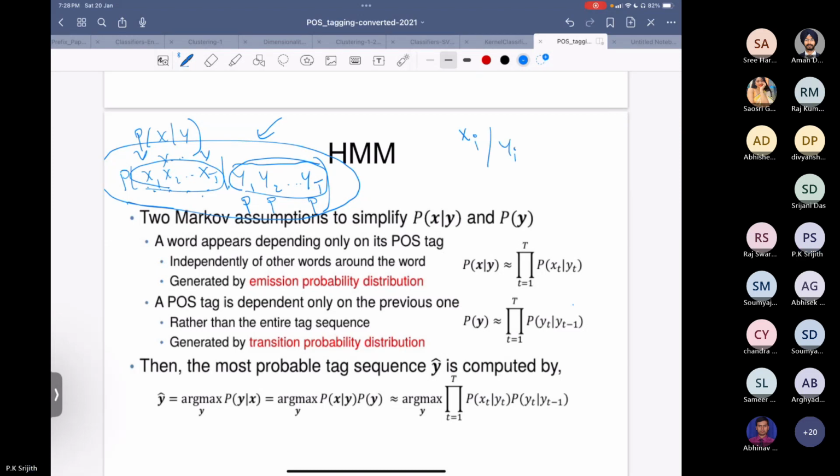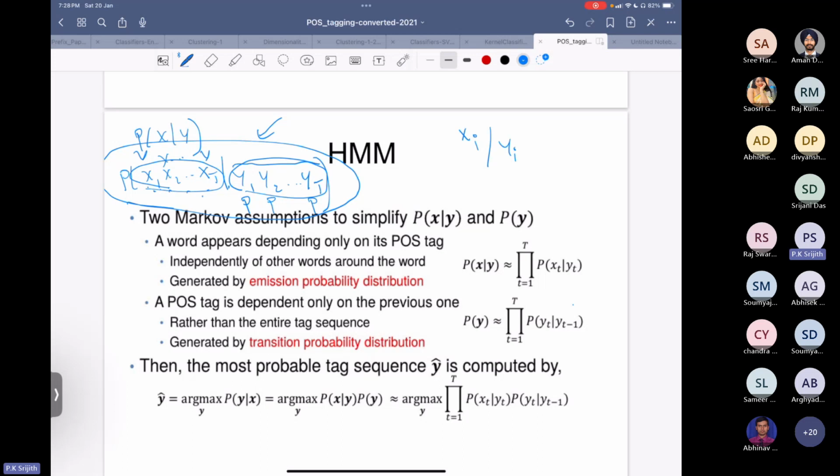If you know yi, the label associated with the ith component, that will give you sufficient information in modeling xi.